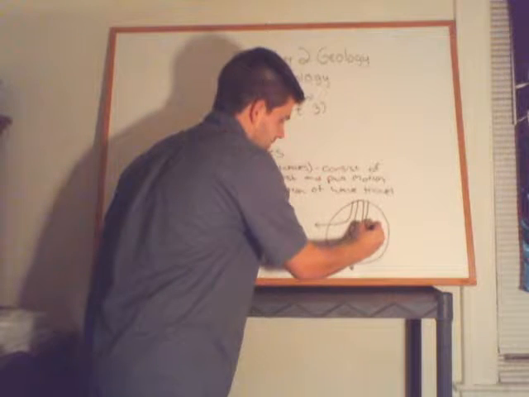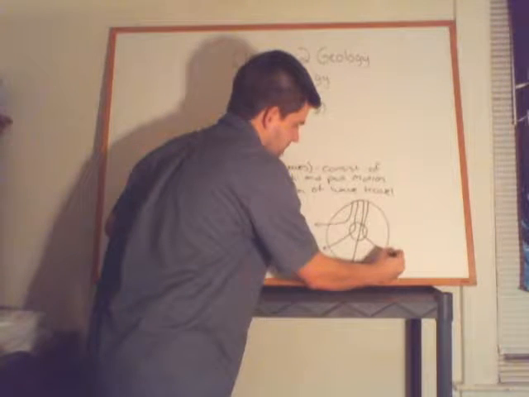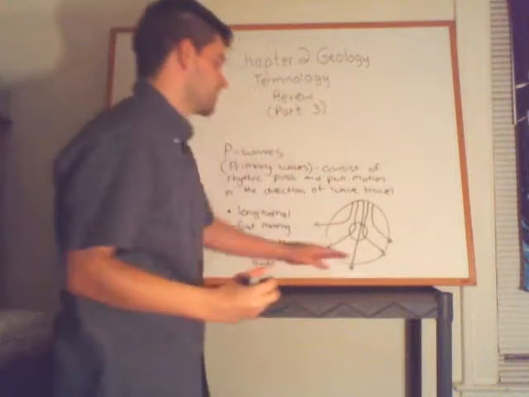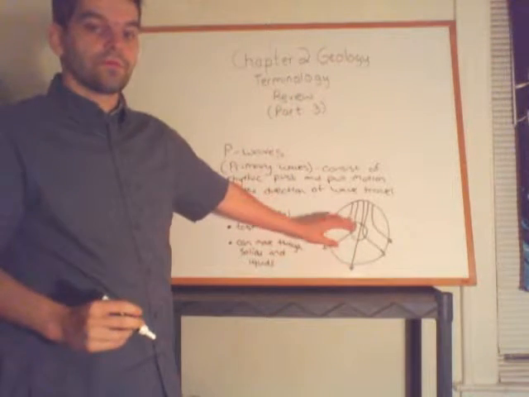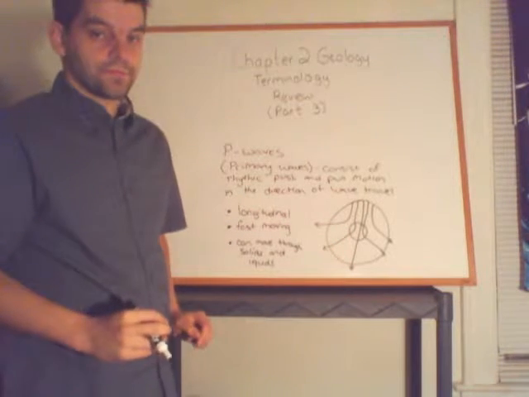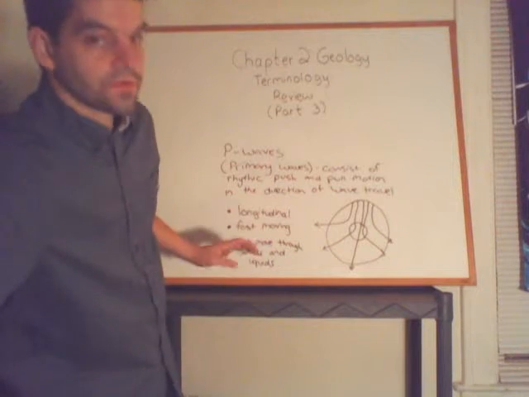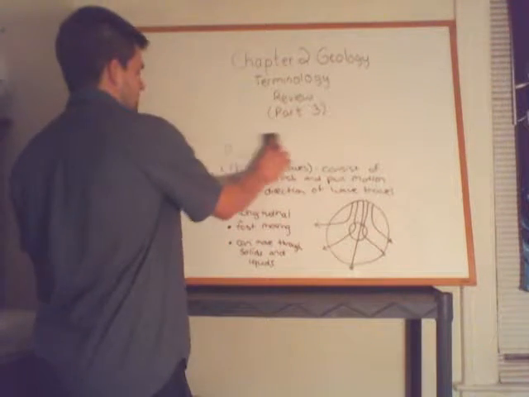So this bending takes place. But one of the most important things to see here is that they can go through both solid and liquid states of matter. Alright, let's compare this to the next type of wave.